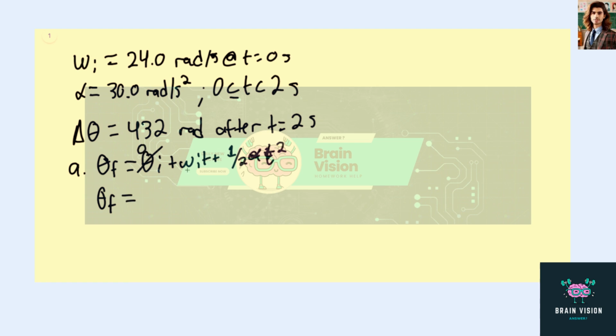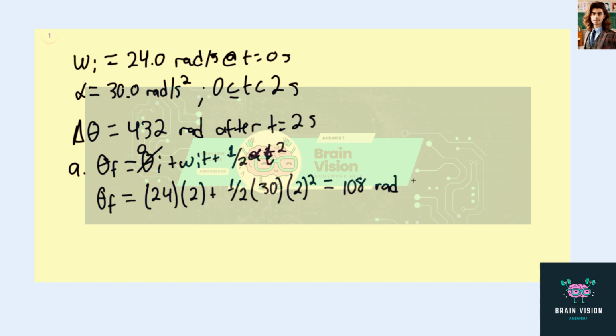So we can say omega initial is 24, this t will be 2, plus 1 over 2 times 30 times 2 squared. And this is going to be 108 radians for the first 2 seconds. And then if you wanted to find the total, it would simply be 108 plus 432, so 540.